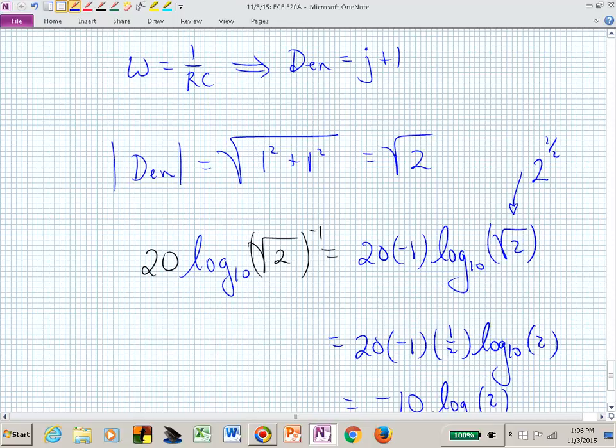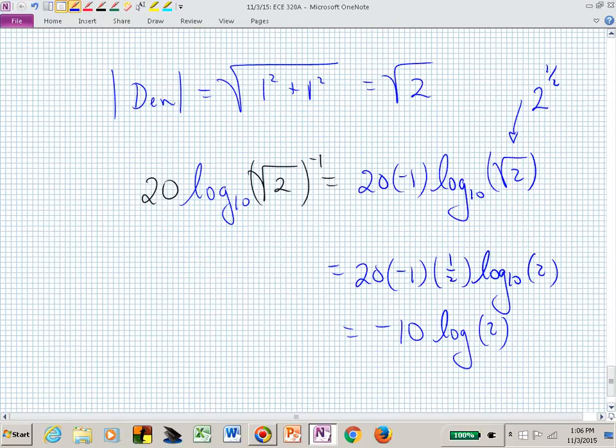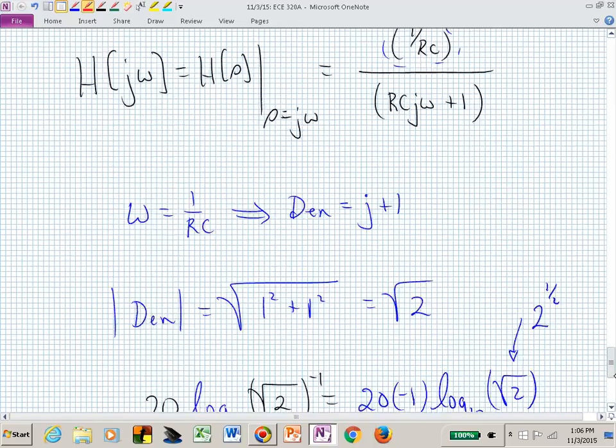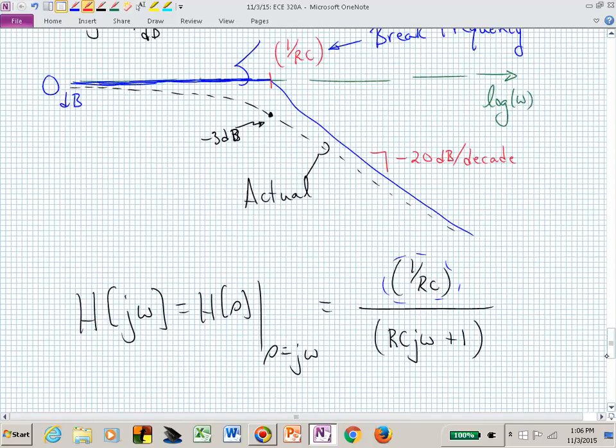It's 0.301, so we approximate that to 0.3, which gives us, so this is now approximately 0.3, and there's our minus 3 dB that we were looking for. And this shape that we've sketched here for our magnitude, that's the behavior of a first-order low-pass filter. That's the magnitude response of a first-order low-pass filter.